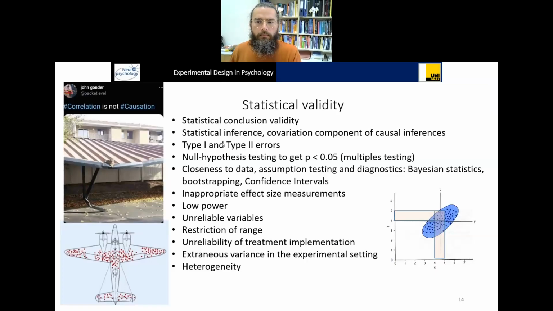A good control for that is given by the procedures to correct for multiple comparisons.